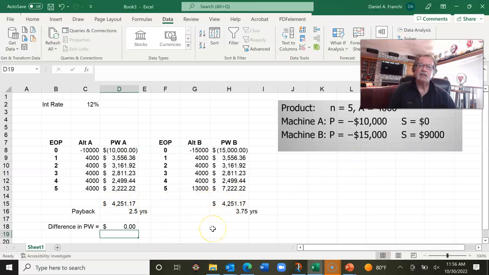So at interest rates above 12%, choosing the payback period is consistent with the present worth method. At interest rates below 12%, choosing the payback period is inconsistent with the present worth method.